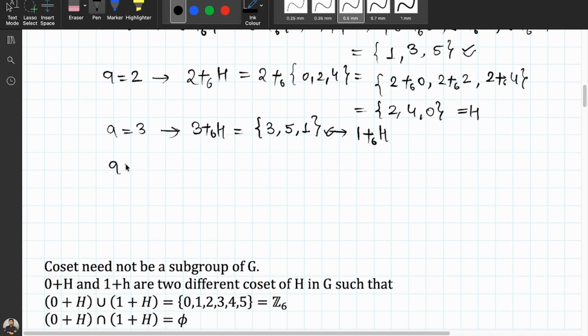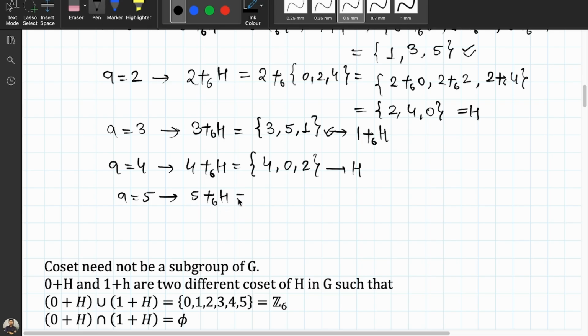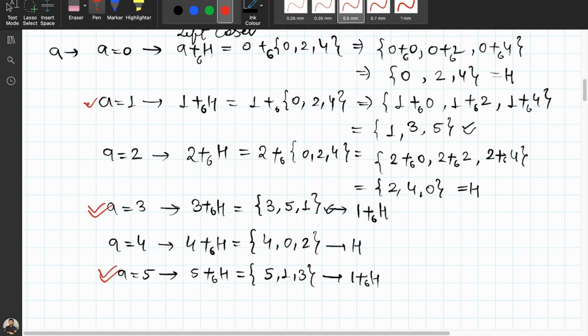Then if A is equal to 4, then 4 addition modulo 6 with H is 4, 0 and 2, which is again H. Then if A is equal to 5, then 5 addition modulo 6 with H is 5, 1, 3, which is also the same as the coset for 1. It means all are the same as before.